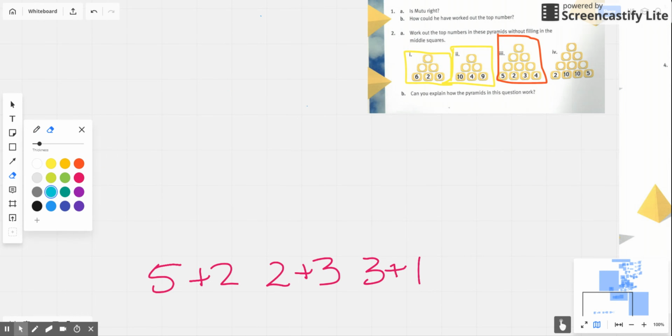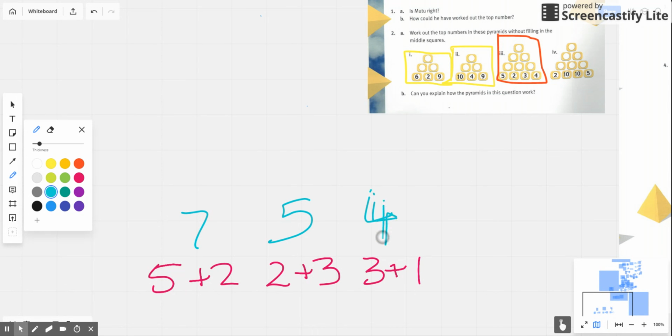Okay, so what I've done here is I have written down, like we had before, adding the middle numbers in the middle twice to the outside numbers, like we had with the 3-tier ones, so the ones with 2 extra tiers on top. And then let's go through and add them up. So 5 plus 2 is 7. 2 plus 3 is 5, and 3 plus 1 is 4.